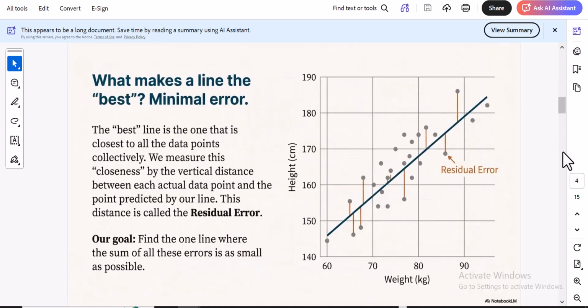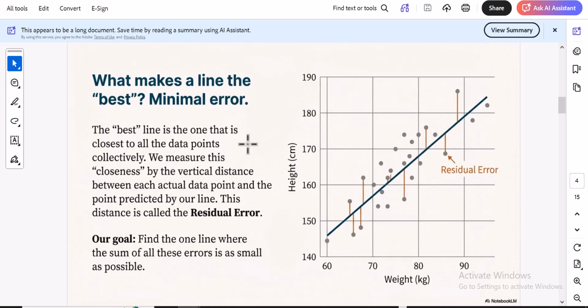So the best fit line is in fact a line where the actual observation and the regression line have the least distance. So we can say that we have to calculate the error, the difference between the actual observation and the regression line.